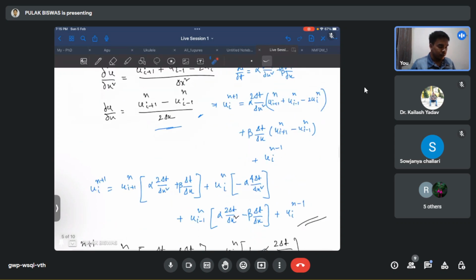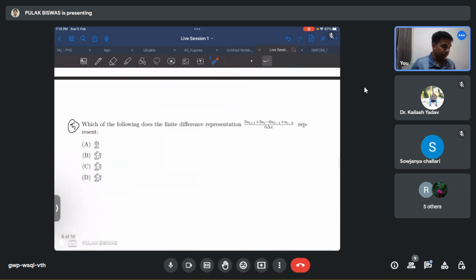Now we already have this expression. We have to determine for which derivative it was like this. Actually, you can use the Taylor series formula for this.